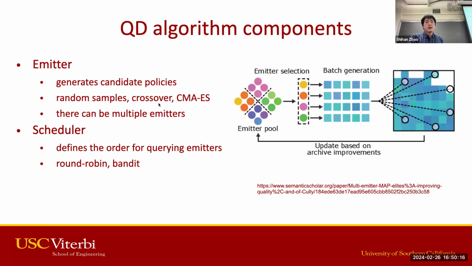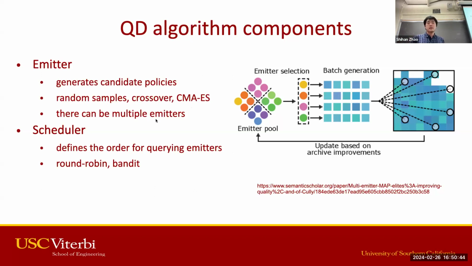For example, there can be crossover or mutation from the evolutionary computation literature, or there can be CMA-ES, which stands for covariance matrix adaptation evolution strategy. This is a more informed version of an emitter, which learns to produce more plausible solutions, which are more likely to be added according to past experience. But unfortunately, we don't have the time to talk about it in detail.